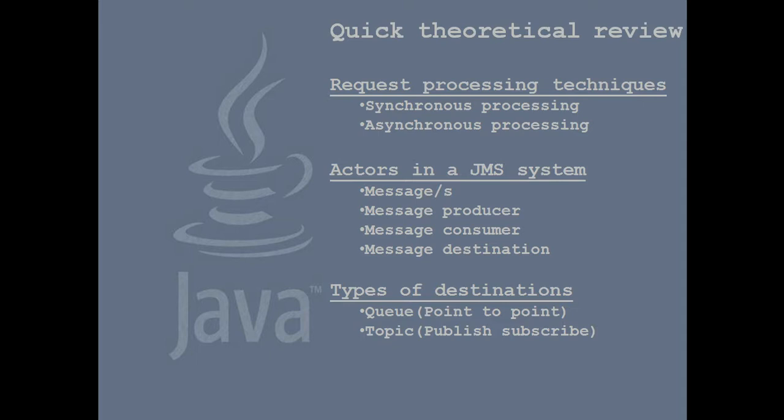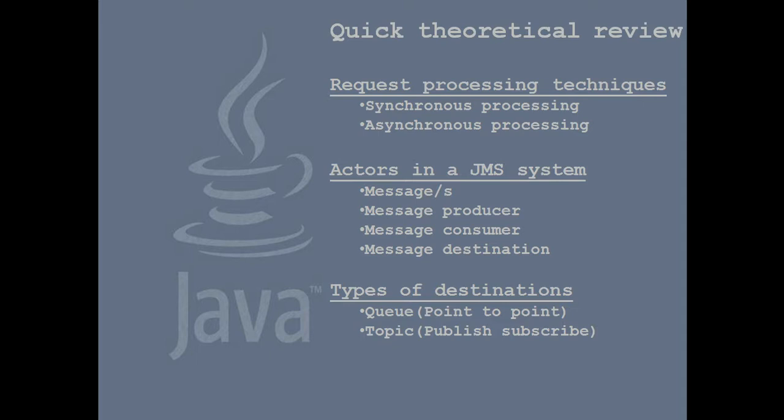So the types of destinations, just to mention that there are two important destinations that JMS offers. One is the queue and the other is the topic. The difference is the approach. Queue uses point-to-point, which means that only one consumer at a time can read or consume that message.